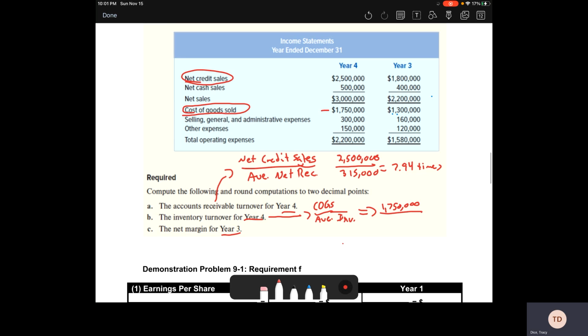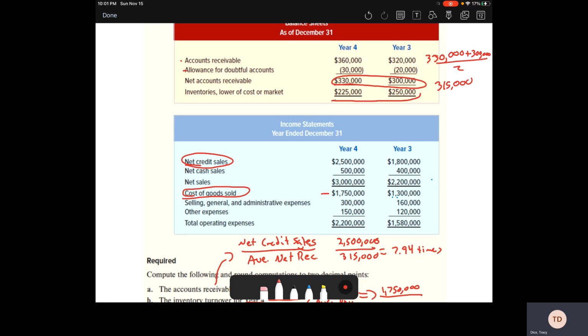And now we've got to go find our inventories, which is right here. And we've got inventories, which is the lower of cost or market, meaning the asset amount is taking the lower number between the market value and the cost value. So we're going to take our average of 225 and 250.